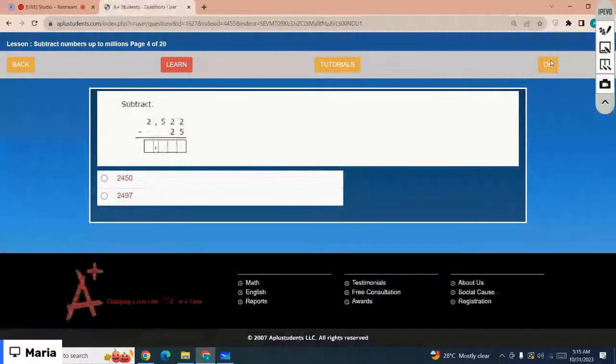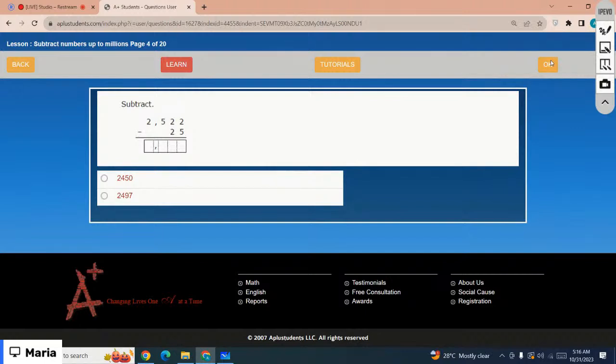Okay, the next one is subtract. The correct option is, you cannot subtract 2 out of 5, so you need to borrow 1, right?